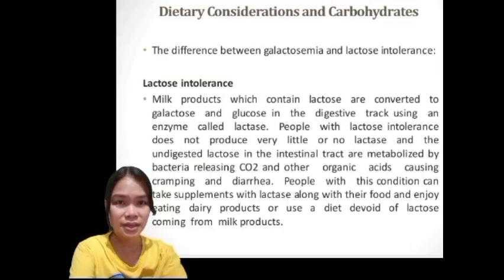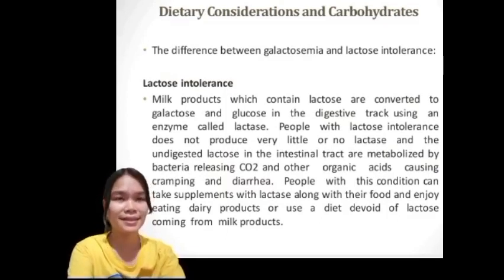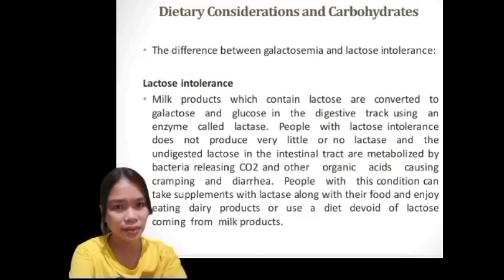And then we have lactose intolerance. Milk products which contain lactose are converted to galactose and glucose in the digestive tract using an enzyme called lactase. People with lactose intolerance produce very little or no lactase, and the undigested lactose in the intestinal tract is metabolized by bacteria, releasing water and other organic acids, causing cramping and diarrhea.